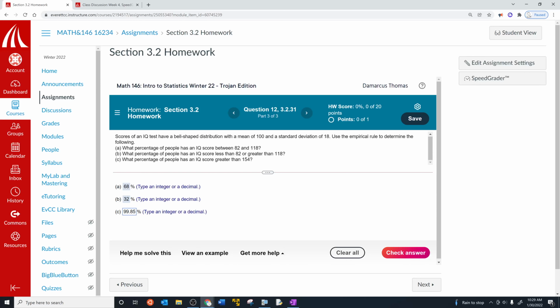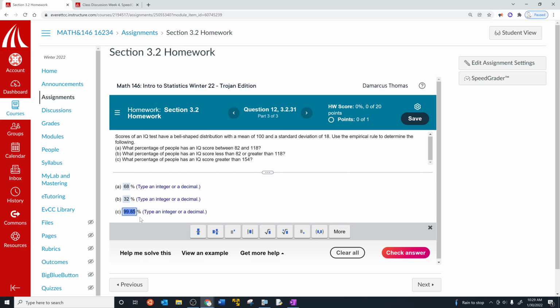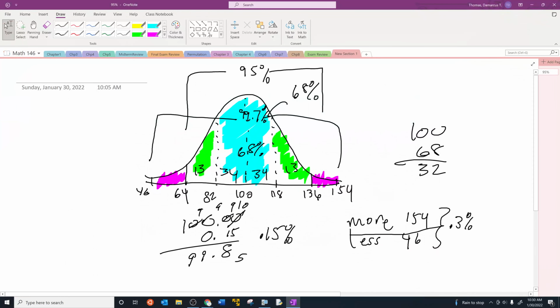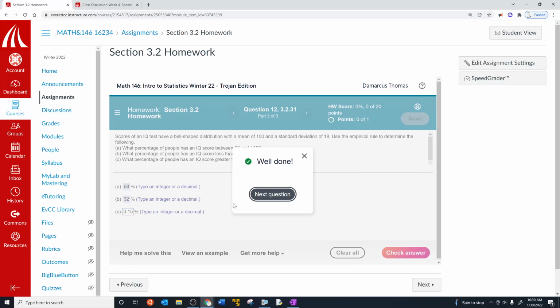No, 99% of all people will not have an IQ of that. More like 0.15% of people will have an IQ of this. So that was the how much in this portion. We didn't have to subtract it from 100. The question was how much in this proportion, not the percentile. I've got to be careful there.